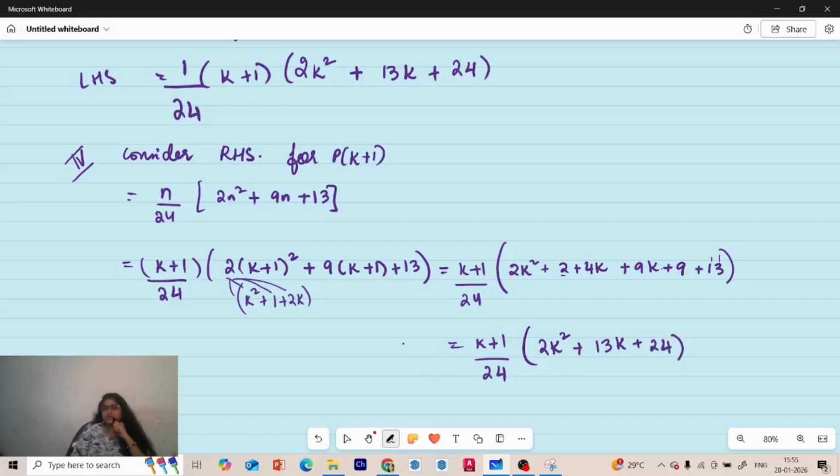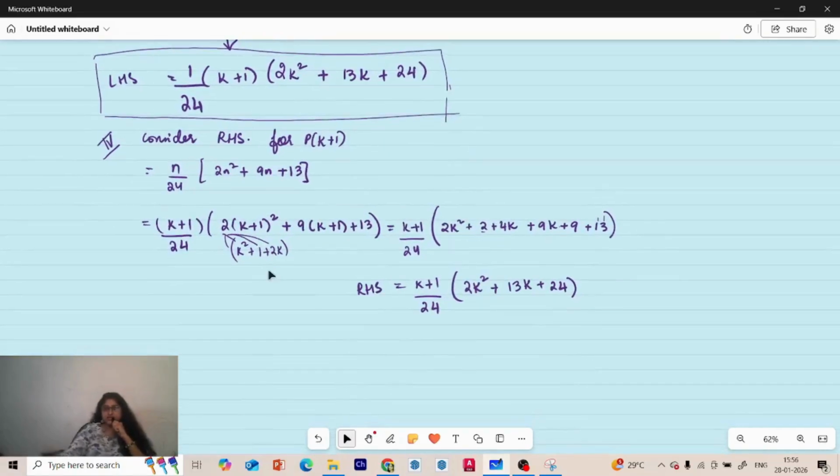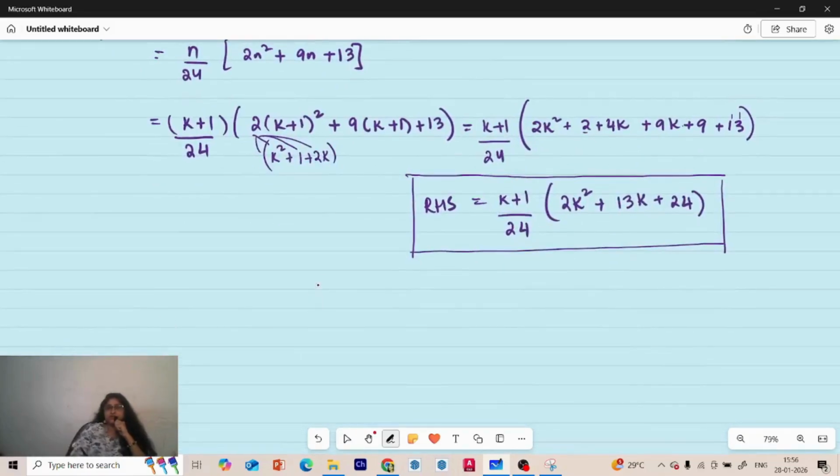Hey, look at that, it matched our LHS. So this is our LHS and this is our RHS. Since both of them are equal, we can say that P of k plus 1 holds true.